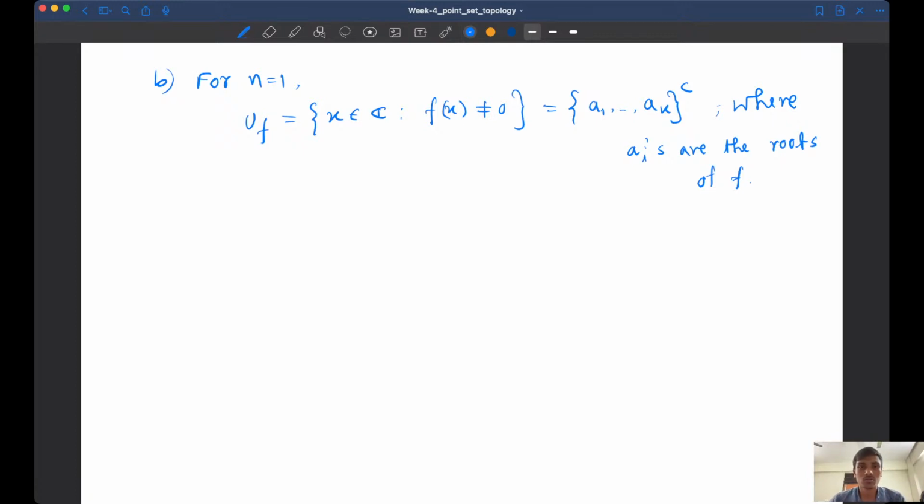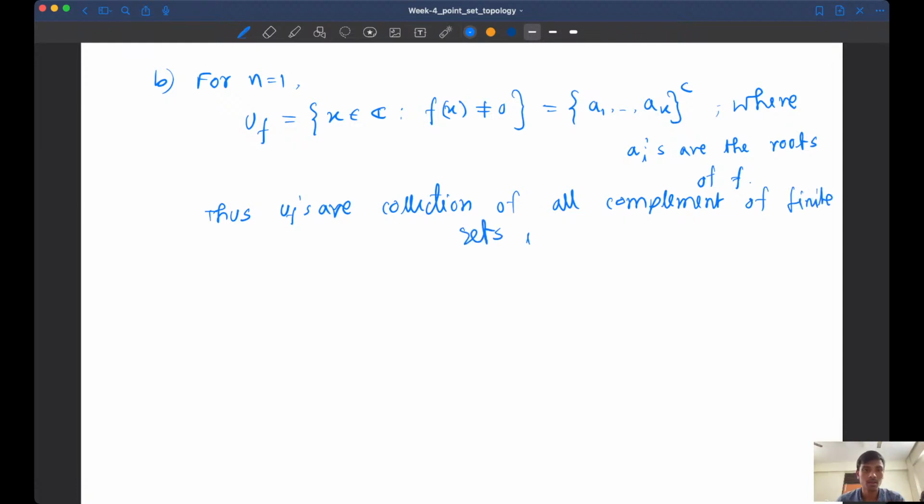Thus the UF, for all f, are the collection of all complements of finite sets in C, as they are closed under union.